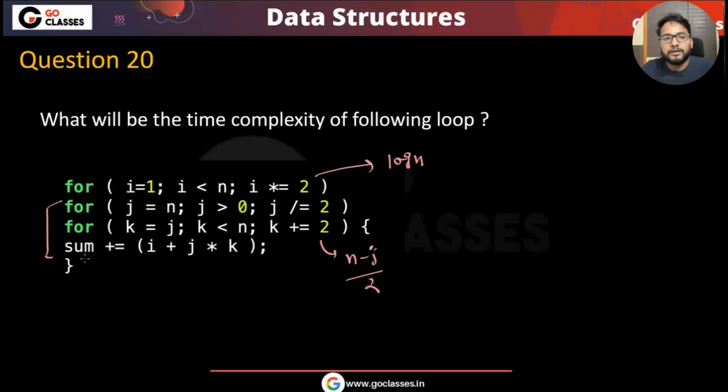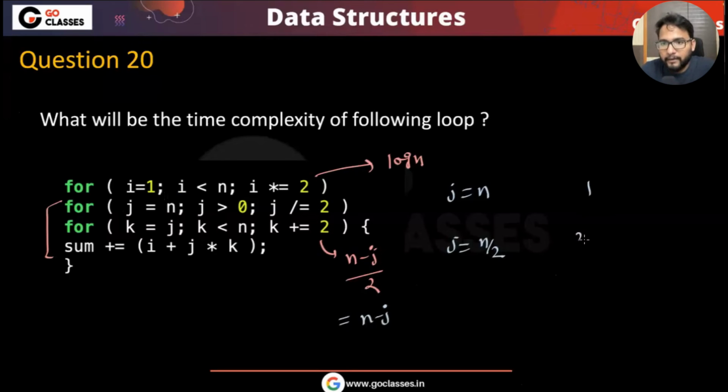Okay, that's interesting. So let's just do this. For j equal to n, how many times will this run? 1 time, 0 time, doesn't matter. For j equal to n by 2, let's not worry about this by 2, okay? I'm just writing n minus j.